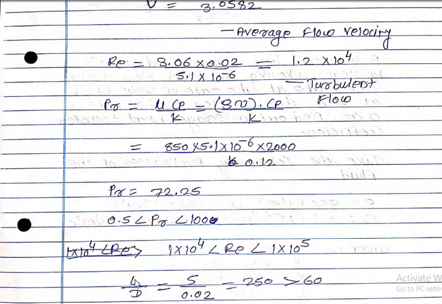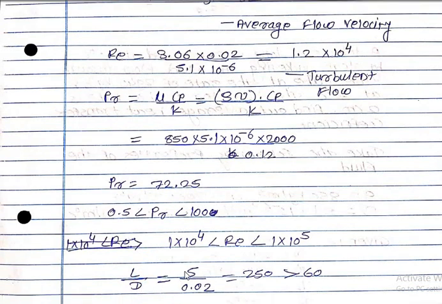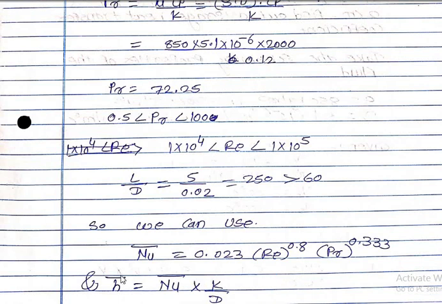Then L by D is 5 divided by 0.02, which is 250, which is greater than 60. So we can use the formula for turbulent flow: average Nusselt number is equal to 0.023 Reynolds number raised to 0.8 Prandtl number raised to 0.333.